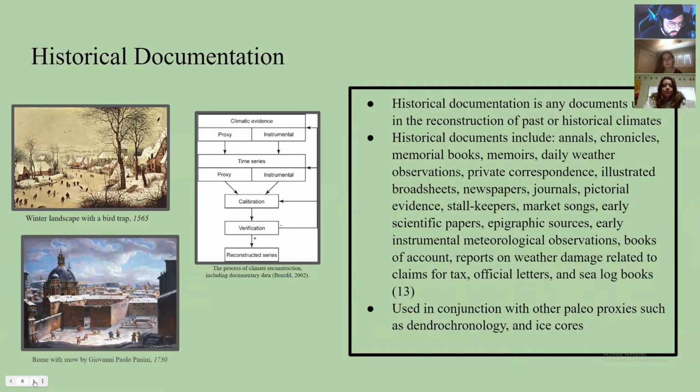So the way that scientists use historical documentation is they match this proxy with another dating instrument, and then they make sure that the time series match up, they calibrate it and verify it to reconstruct the data as shown in the formula on the left as well.